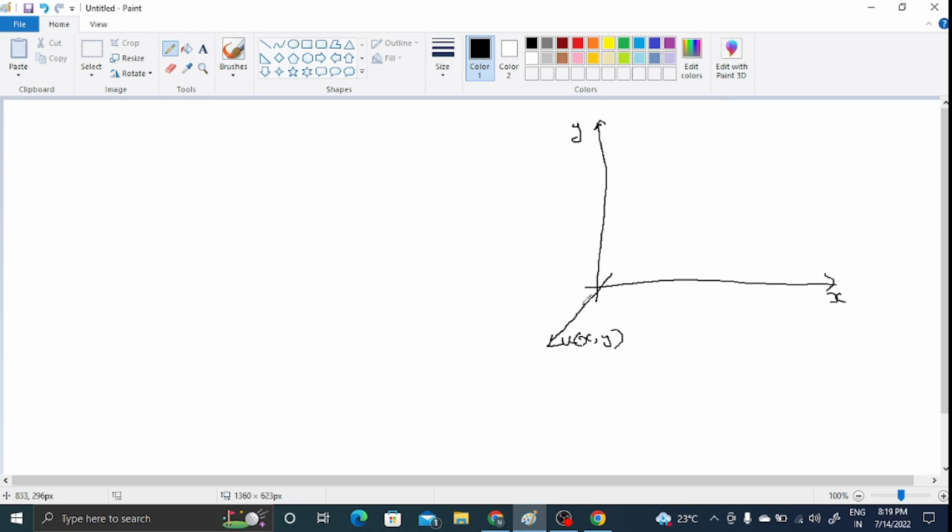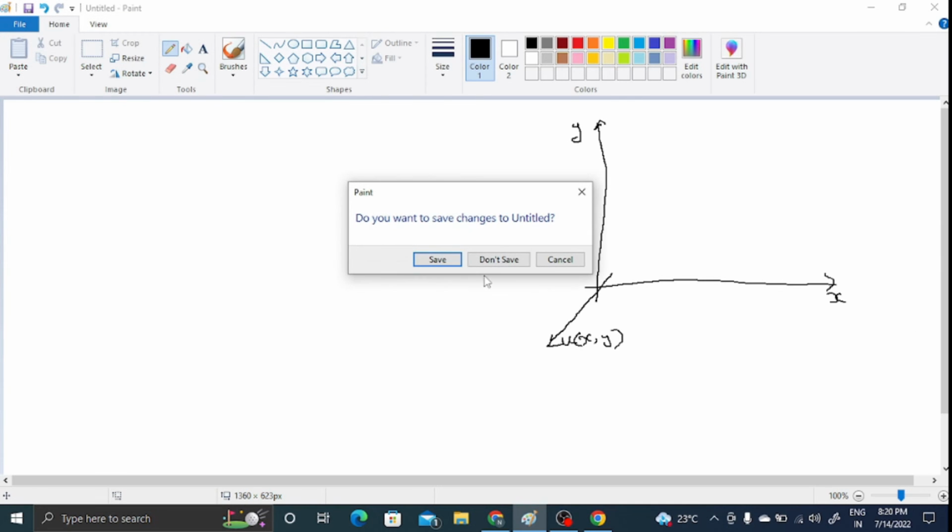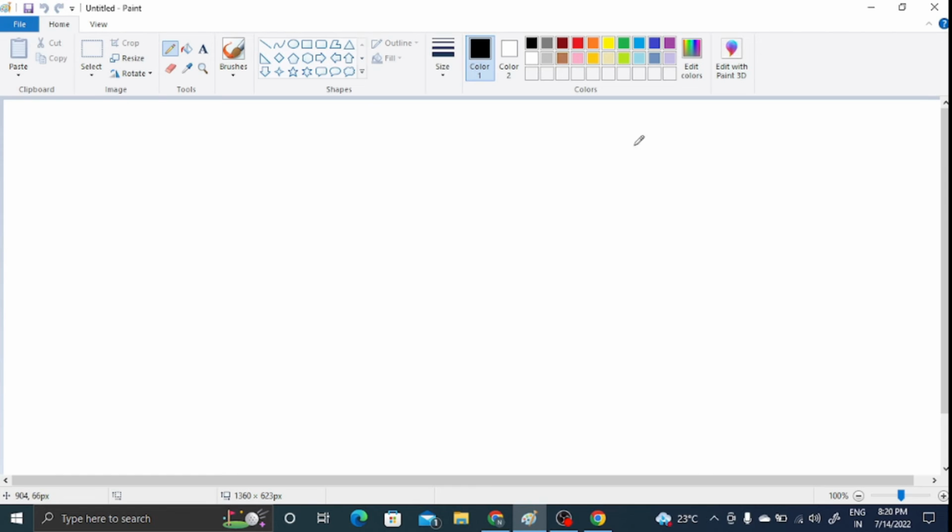So it is better to represent the function u of x comma y in a two coordinate system, where the function u of x y depends upon both x and y. Here the values of u of x comma y are marked. Say at this particular point the value of u is u of x1 comma y1.